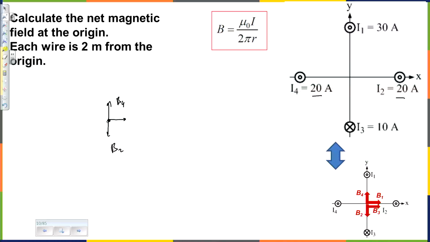Actually a little bit longer, because the first current is higher. B1 and B3. So I just reused our strategy about directions. But now if I want to calculate the net magnetic field, we just need to add two magnitudes.